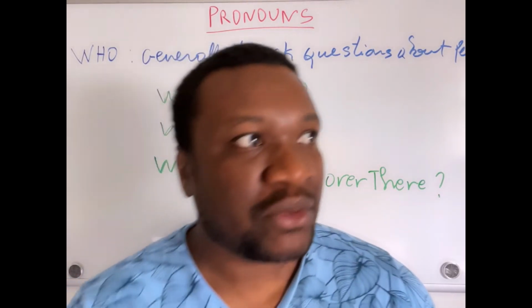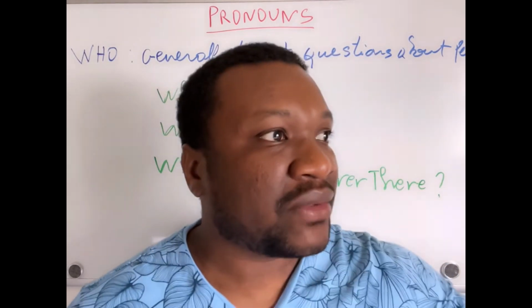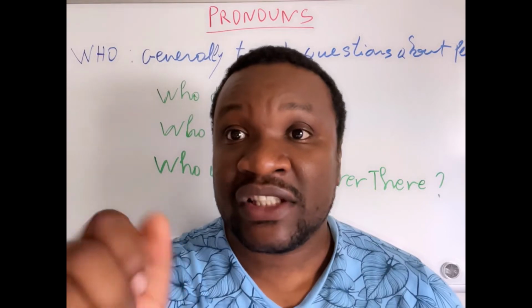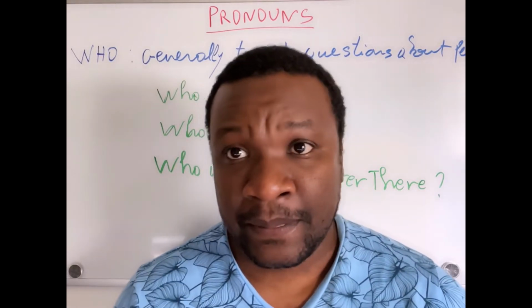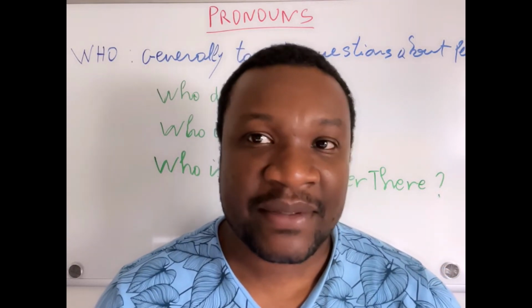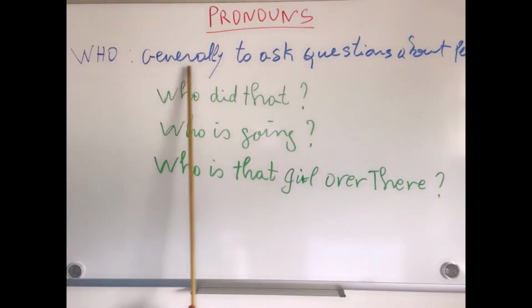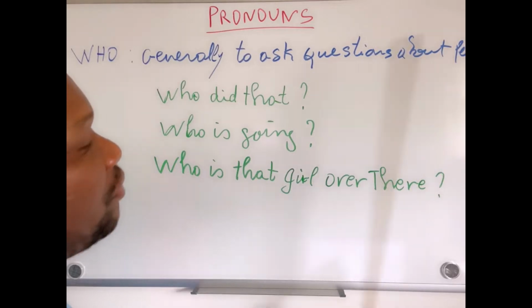I'm not talking about a tree, I'm not talking about a house, I'm not talking about a plant, but I'm talking about people. I'm talking about individuals, human being. Sometimes they put animals too, but we're talking about who. Okay, generally to ask questions about people.